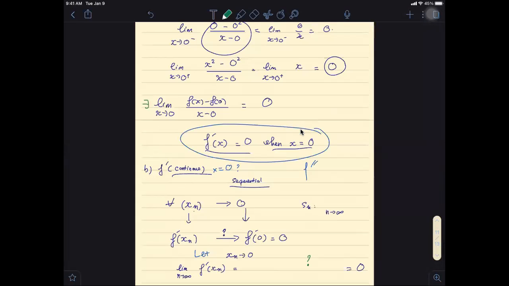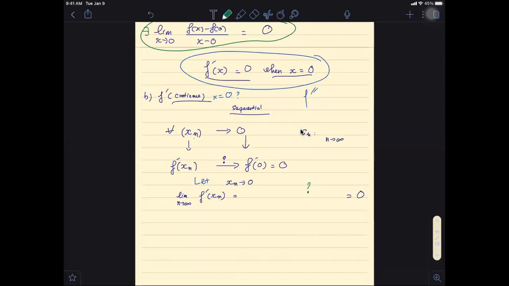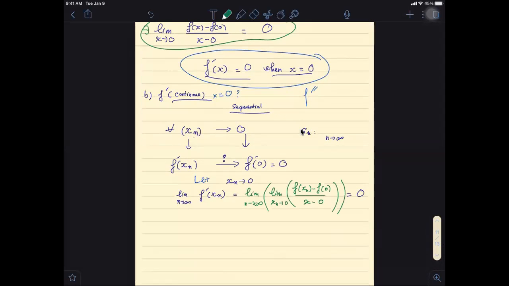And I would say we pretty much do this thing here. So you have the limit as n goes to infinity of f prime of x sub n, right? What is the definition of f prime? f of x sub n minus f of 0, over x sub n minus 0, with x sub n going to 0. So do you think this one goes to 0?